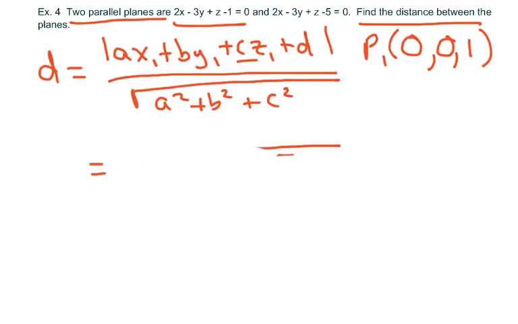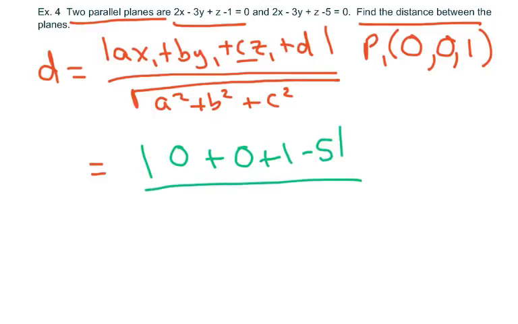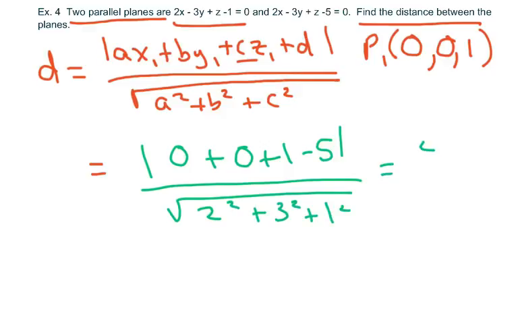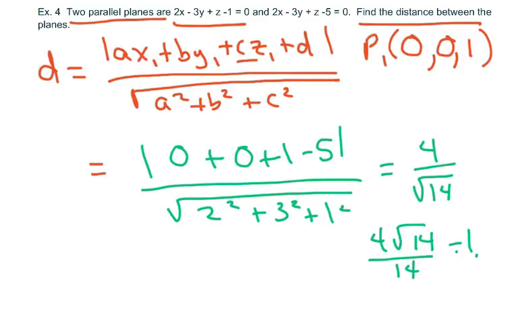Sorry, it's the absolute value of that. All right, so we get 0 plus 0 plus 1 minus 5 over the square root of 2 squared plus 3 squared plus 1 squared, which gives you 4 over square root of 14, which is 4 root 14 over 14, which equals 1.07. And that's all.